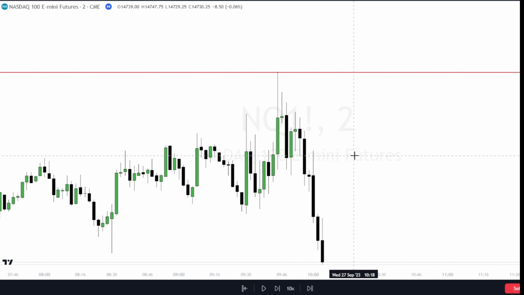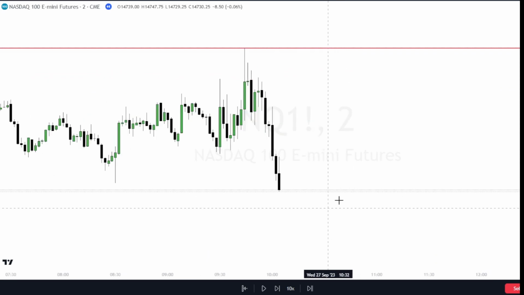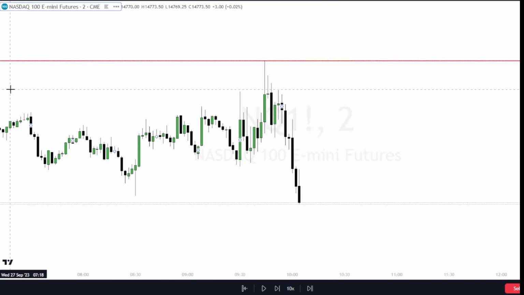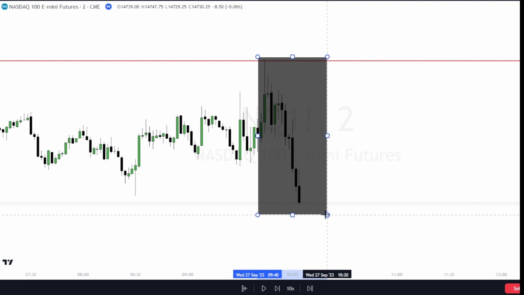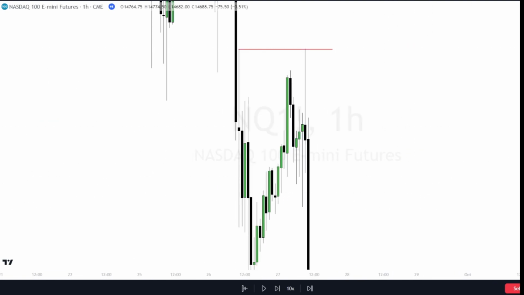Then there's no way we don't make a pullback on a PD array on higher time frames. And an hourly pullback can be very, very massive on a 2-minute chart, right? Because all of these candles right here are not even one candle on the hourly. A pullback on the hourly could be 1 or 2 candles. So that's why I really, really enjoy this model. But let's keep going.